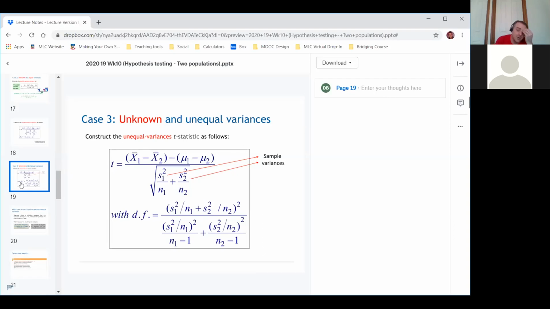I don't know if you're going to have to use that formula or not. S1 squared on N1 plus S2 squared on N2, all squared, divided by S1 on N1.